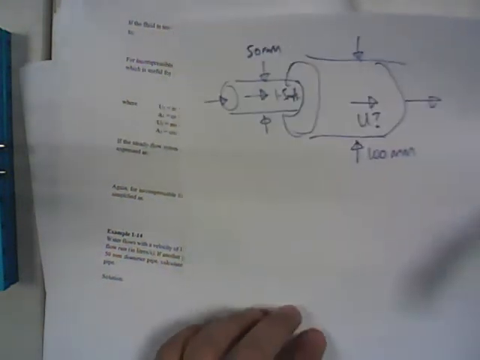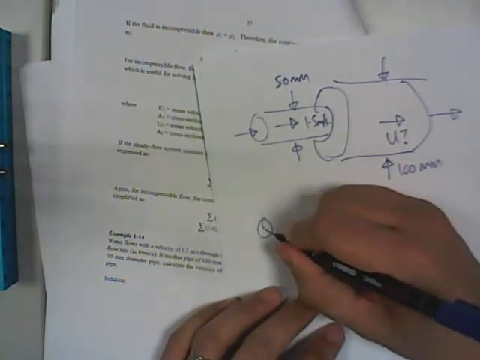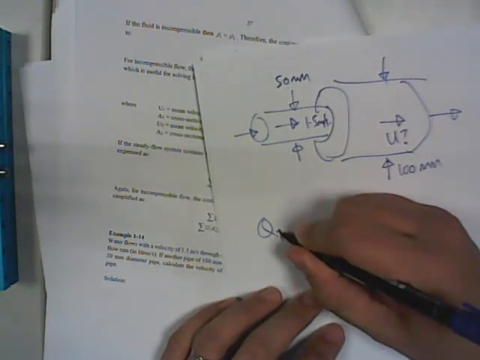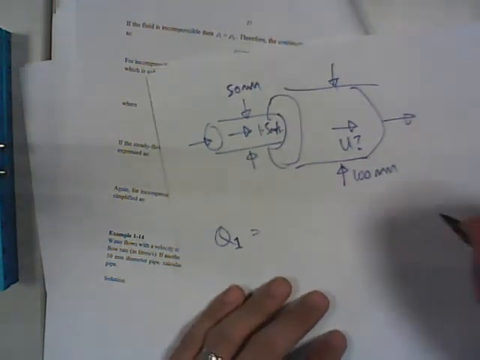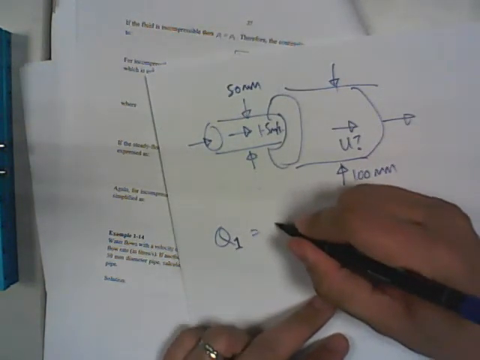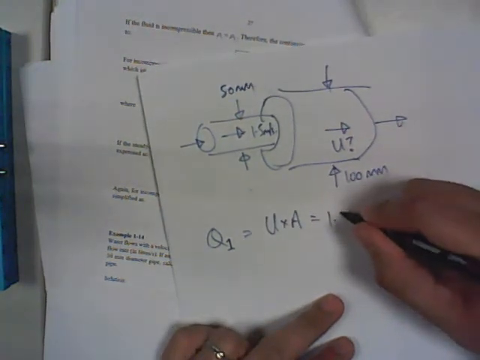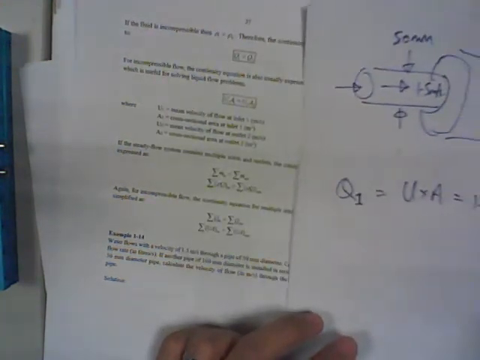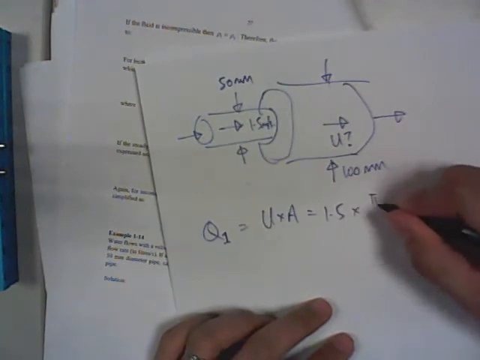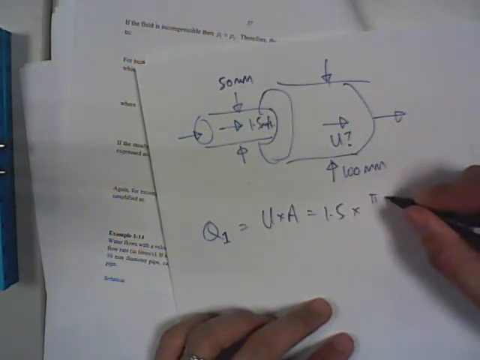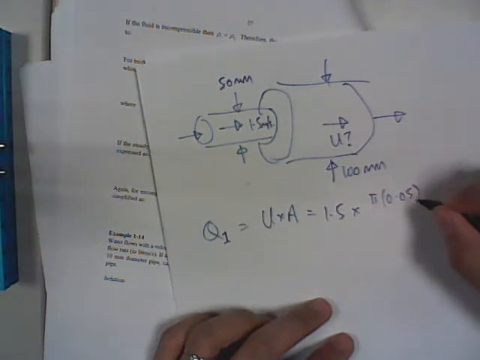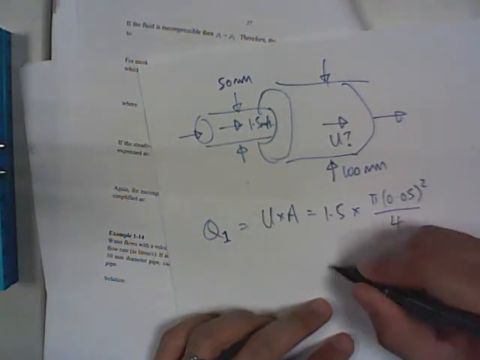So first we calculate the volume flow rate in the first pipe. Let's just say it is Q1, which according to the formula is velocity times cross-sectional area. Velocity you have, and cross-sectional area is pi d square over 4. D is 50 mm, which is 0.05 meters, square, over 4.